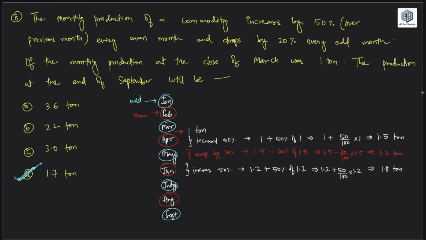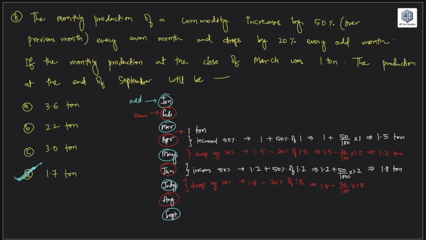Every time you have to increase and then decrease. I'll do one more part for you. So here again you will do a drop by 20%. For this, 1.8 minus 20% of 1.8, which will become 1.8 minus 20 upon 100 into 1.8.